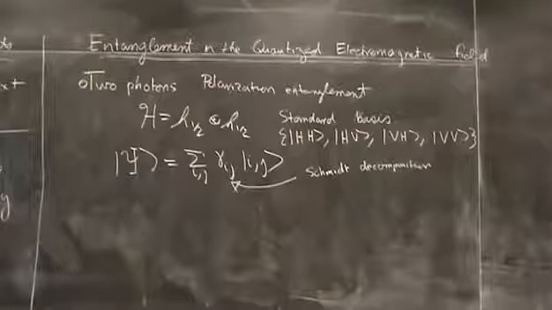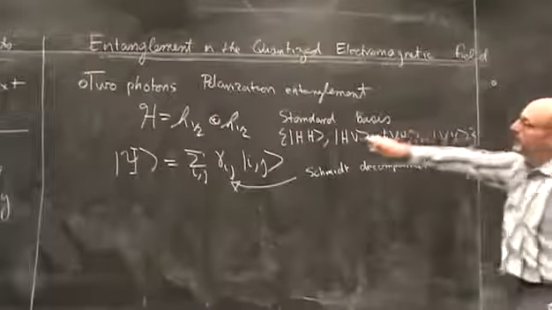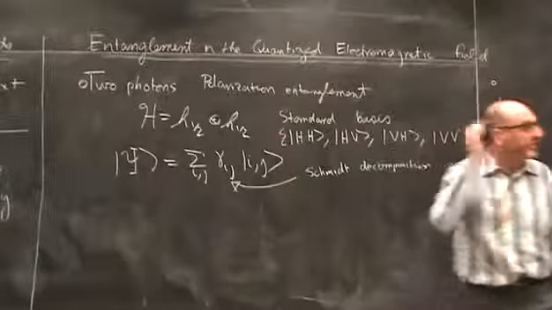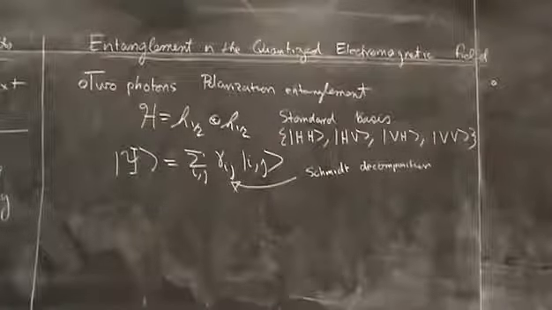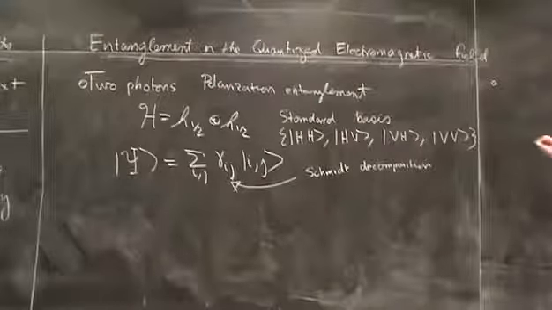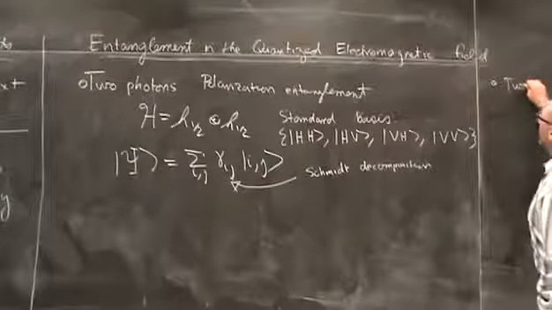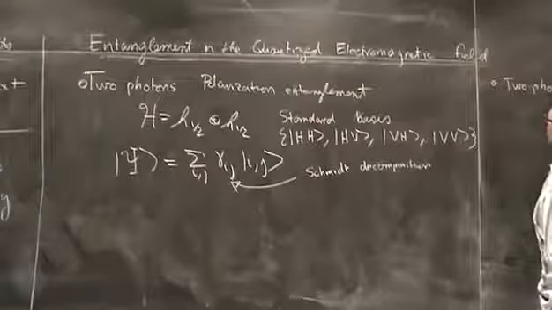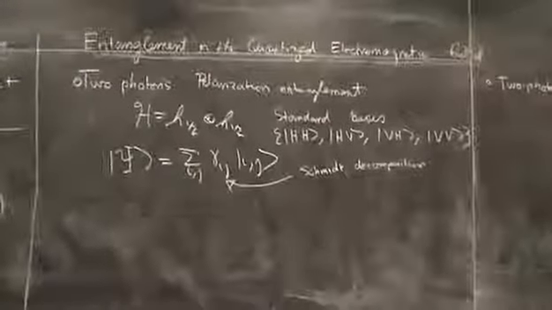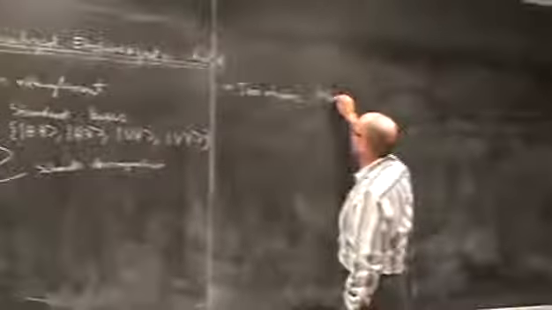Now, another way we might think about it, instead of the spin degrees of freedom of the photon, is the orbital degrees of freedom, or the motional degrees of freedom of the photon, all right? So another thing we might think about is two photons, and we'll talk about what is often termed momentum entanglement.